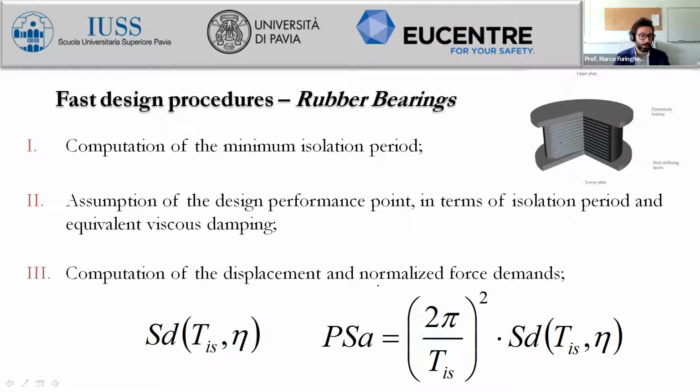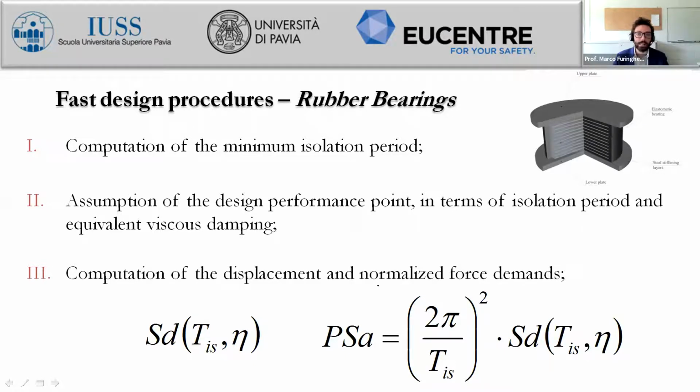So for what concerns the equivalent viscous damping, we have just to choose the numerical value according to the typology, the technology of isolators that we want to consider. So for rubber bearings, depending on low damping and high damping, we can assume certain values.